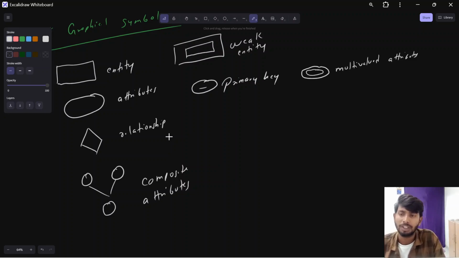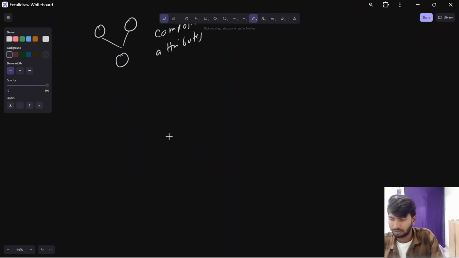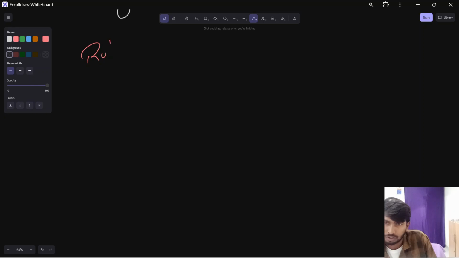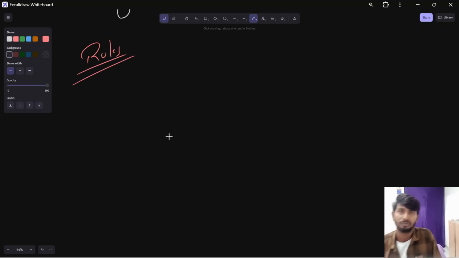With the help of these symbols, we create ER model, ER diagram. So there are some rules to make the diagram. We can say rules for creating ER model with the help of symbols like diagram. So write some rules.